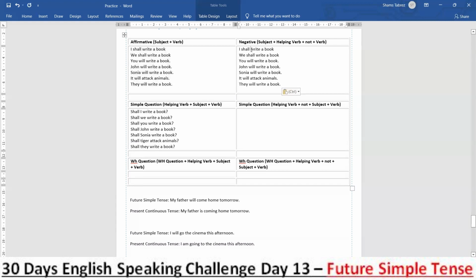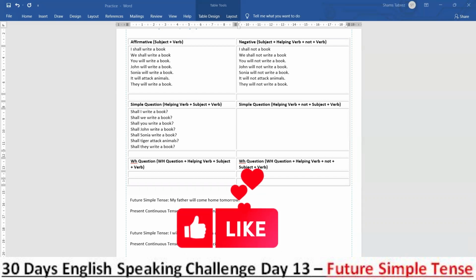So in negative, we just add the word not after the helping verb. So it becomes negative.